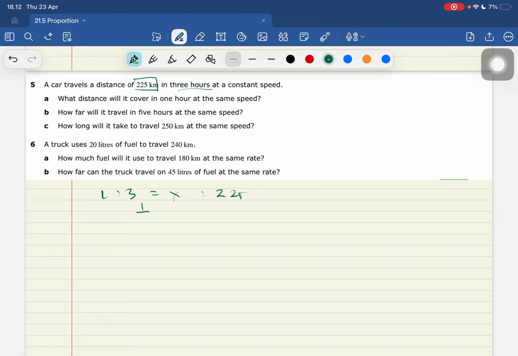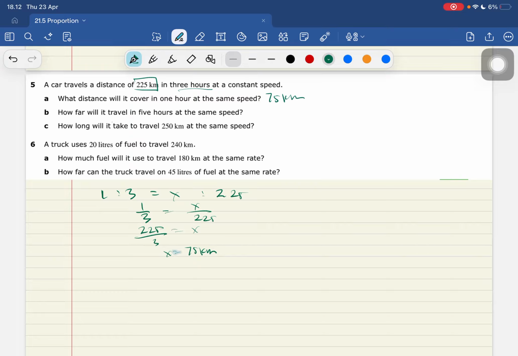Make it into a fraction: 1 over 3 equal to x over 225. So x equals 225 divided by 3. So we got x equal to 75 kilometers.